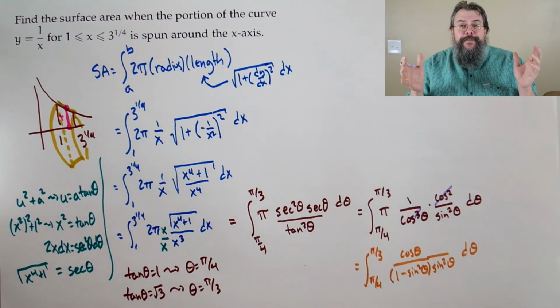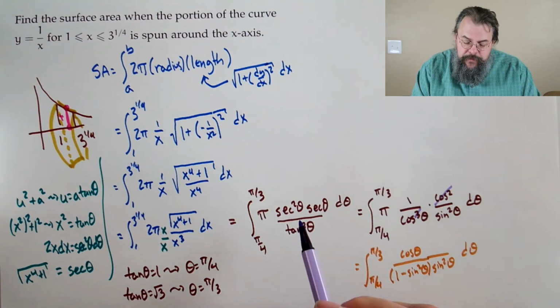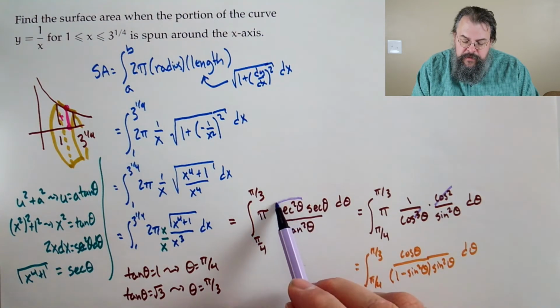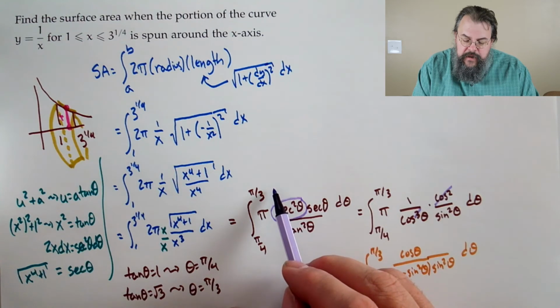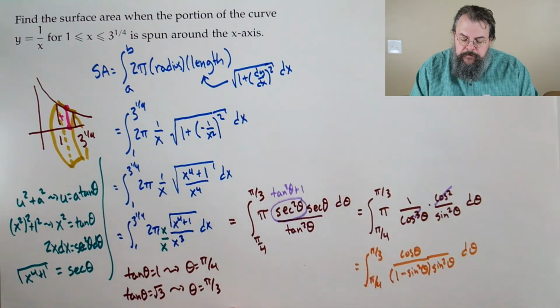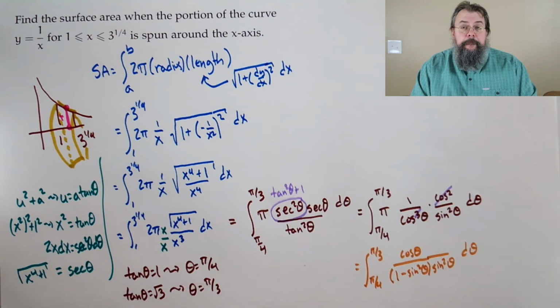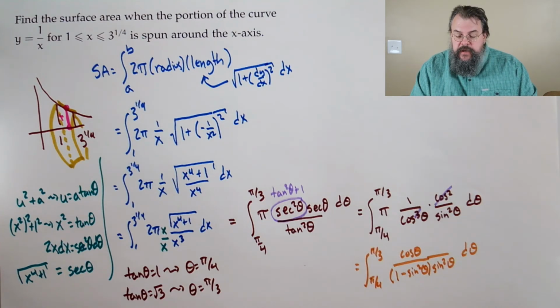They're the same, more or less, because there's this nice identity that says tangent squared plus 1 equals secant squared. What if we replaced this secant squared here by tangent squared plus 1? We could try it and see what would happen.